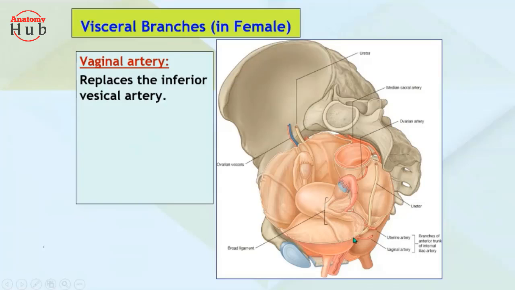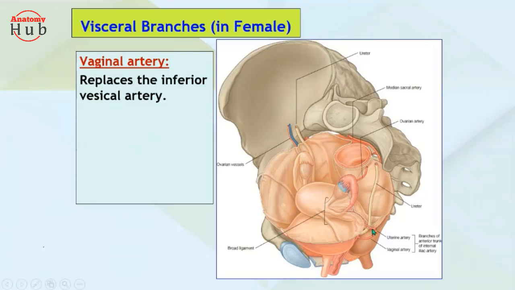Here you have to remember one thing, that here is your ureter. The ureter is coming downward and going to the posterior surface of the urinary bladder. At the same time the uterine artery is also going this way, from the internal iliac artery.